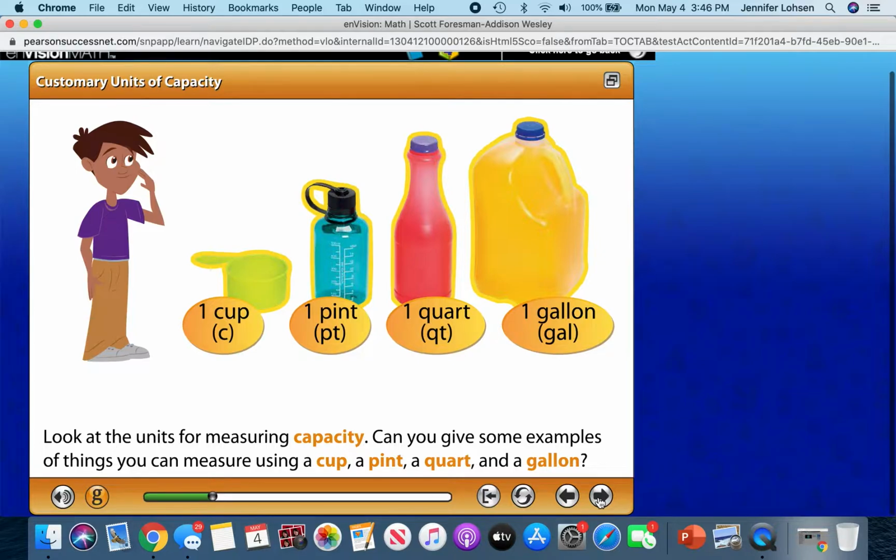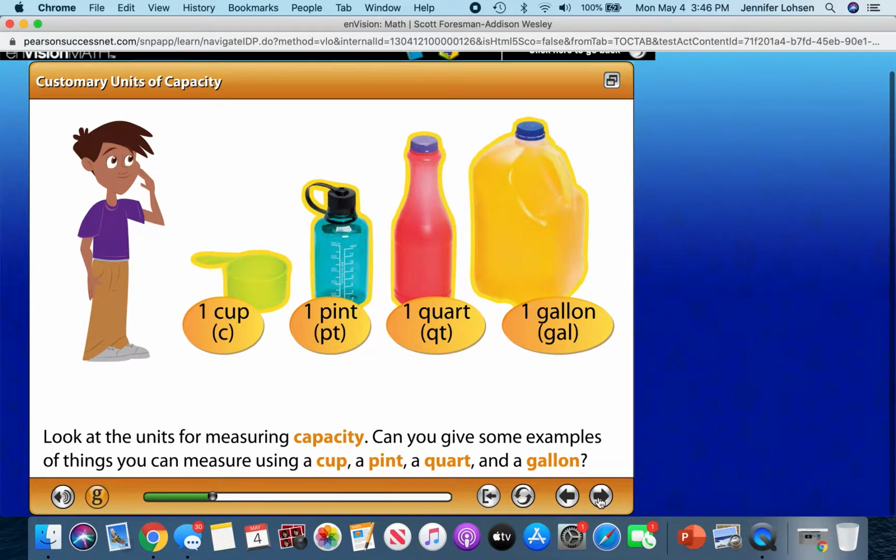We want to think what we could use to measure something. So for example, if I had a coffee mug, a regular coffee cup, teacup, hot chocolate mug, we're all visualizing a mug. What would the most appropriate unit to measure the capacity of that mug be? Do we think it would be the smallest unit, fluid ounces? 1 cup to measure the capacity? 1 pint, 1 quart, or 1 gallon?